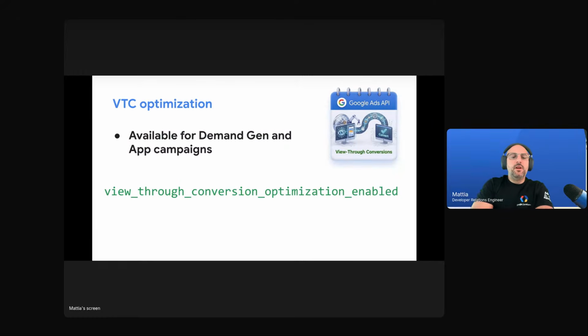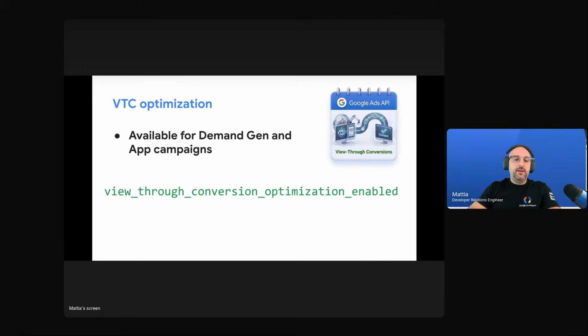Now, something else that we released, and as you know, I'm always very interested in the video space because it's the one I work with the most. But I also work a lot with demand gen, which is very much entwined with the video space, is VTC optimization, so view through conversion optimization enabled.